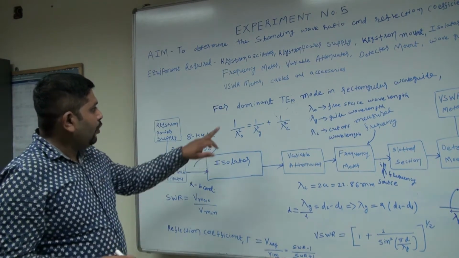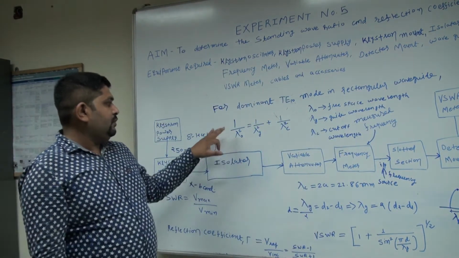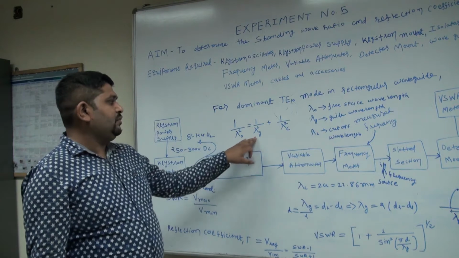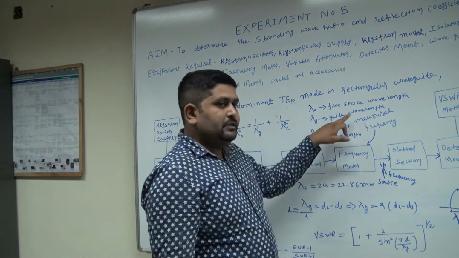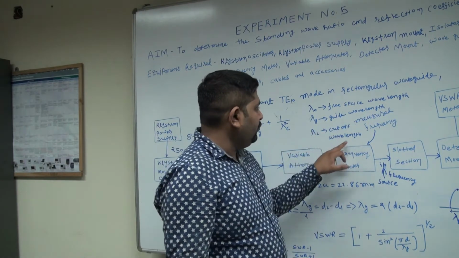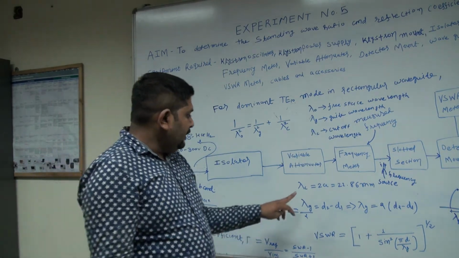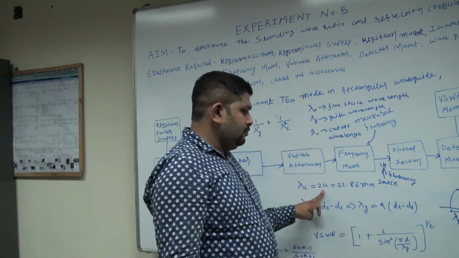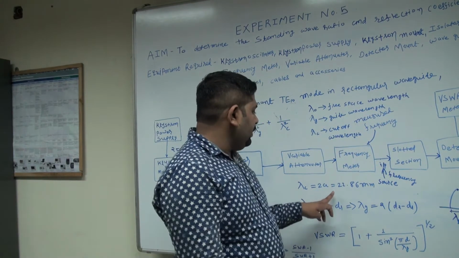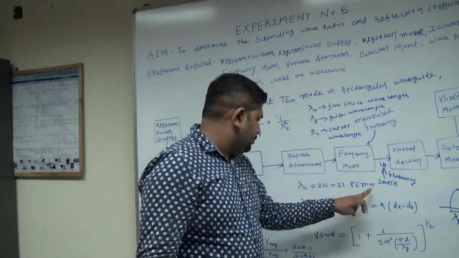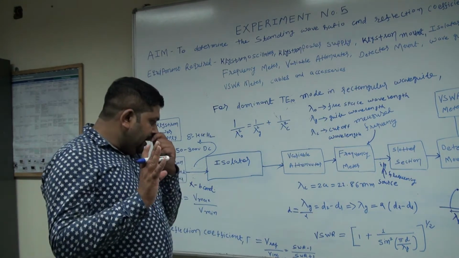For the dominant mode TE10 in rectangular waveguide, the standard equation is 1 upon lambda naught square is equal to 1 upon lambda g square plus 1 upon lambda c square, where lambda naught is the free space wavelength, lambda g is the guided wavelength, lambda c is the cutoff wavelength. And cutoff wavelength lambda c is equal to 2a, where a is the broad width of the rectangular waveguide, 22.86 mm.